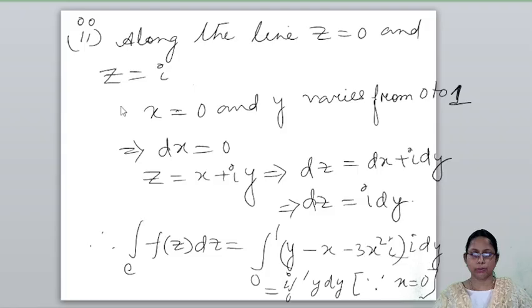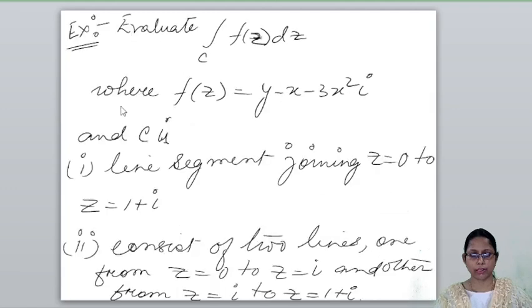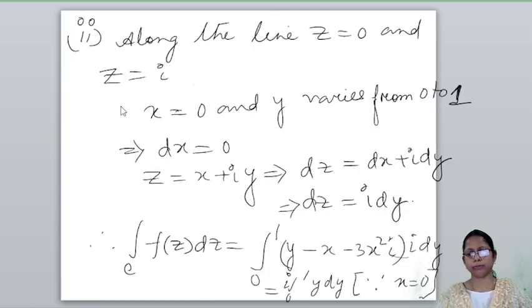Here in the second part we have two lines, one along z equal to 0 to z equal to i, and the other z equal to i to z equal to 1 plus i.